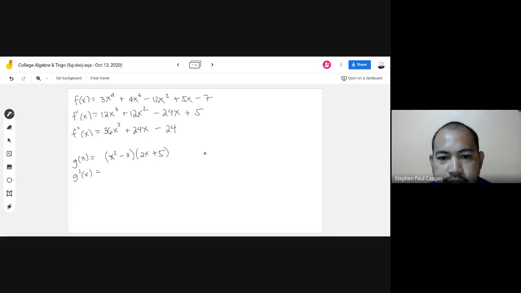Again, if you have g of x times f of x, the derivative h prime of x will be the derivative of the first in parenthesis, copy the second, plus copy the first, and take the derivative of the second.